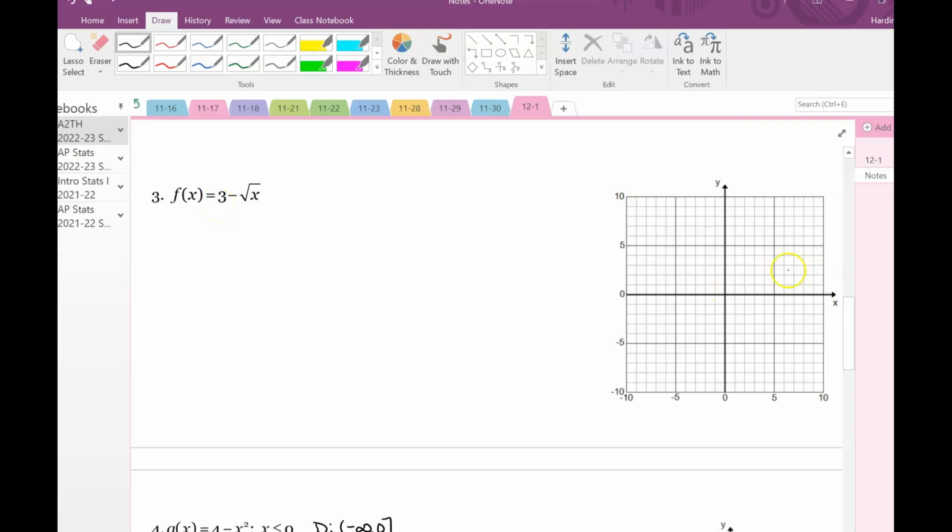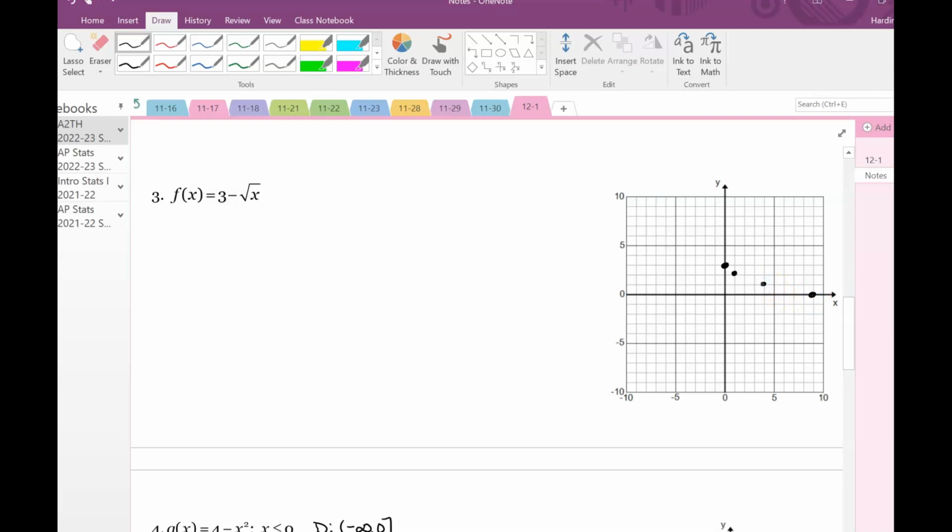Normally, you know, the square root function would look like a little arm above the x-axis. It's been reflected, so it'll curve down, and it's been shifted up 3. 1, 2, 3. So this is the beginning. 3, 1, 2, 3, 4, 5.